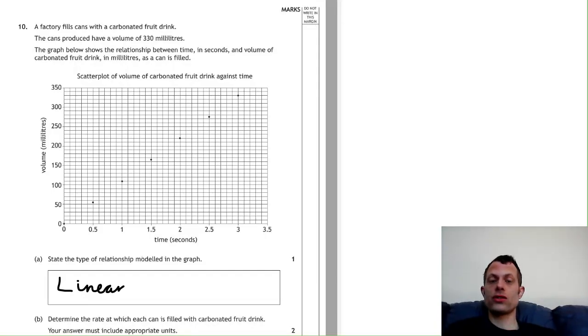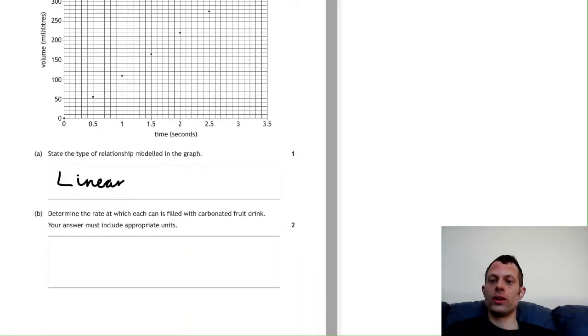Now, a linear relationship would have a rate of change, linking the two quantities together. We've got volume and time. So to get the rate at which the can is filled, it's the volume divided by the time. Technically, the change in volume divided by the change in time.